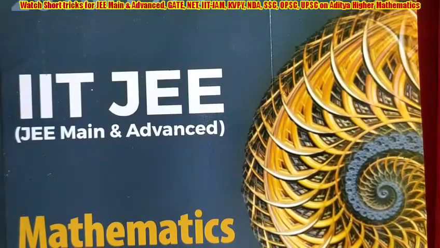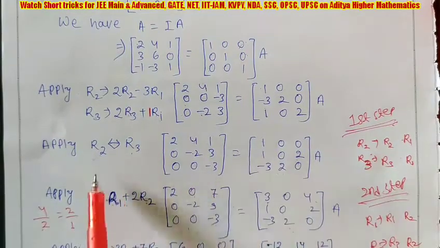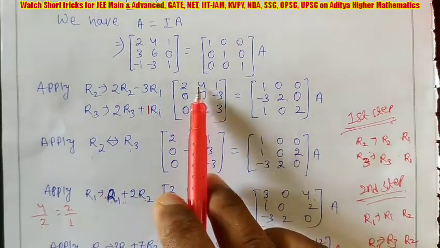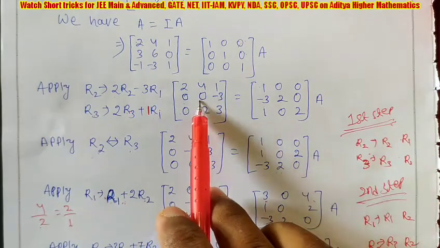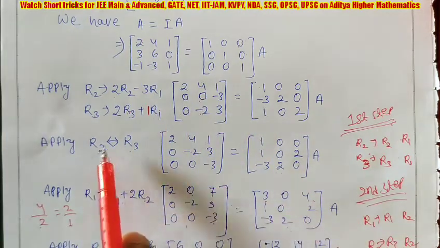Similarly, in the second problem, in the second step, we have to make R1 and R3 0. We have to use R2, and R2 must be non-zero. But here R2 is 0, so I have interchanged R2 and R3.